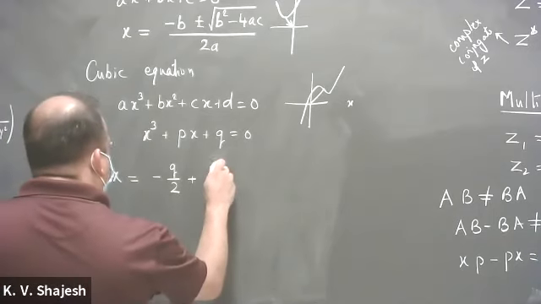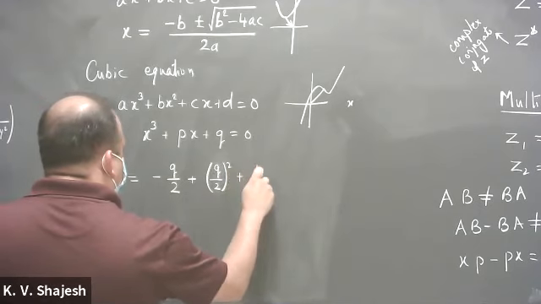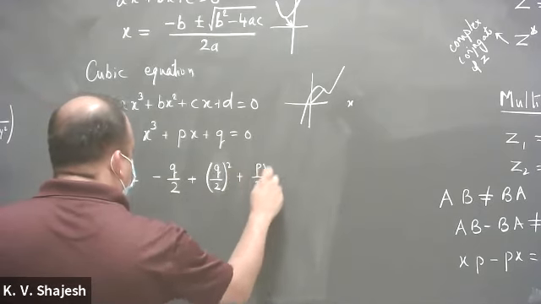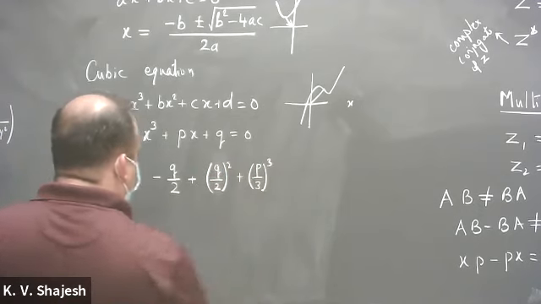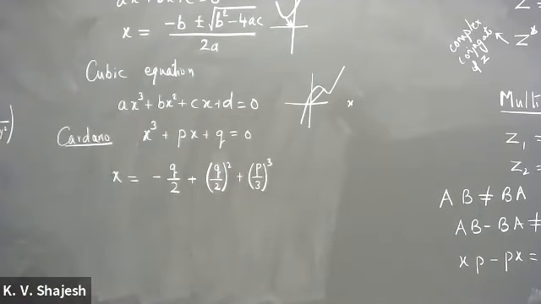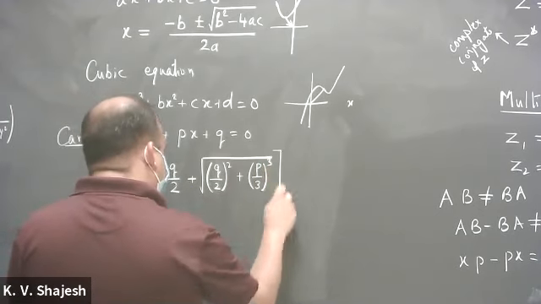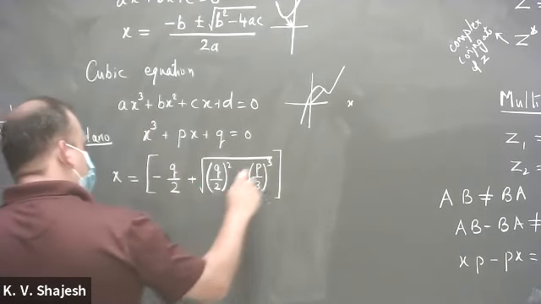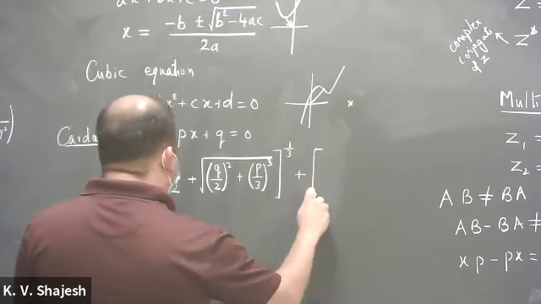Q. It is q over 2, the whole square, plus p over 3, the whole cube. Right? And then you take the square root of this, and then you take the cube root. And then you add that next one.